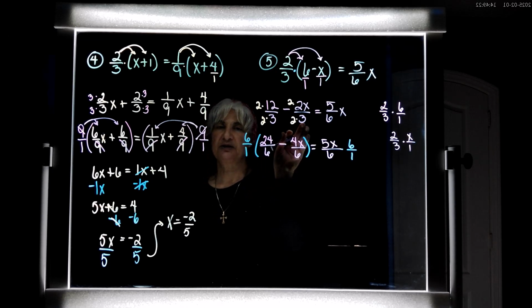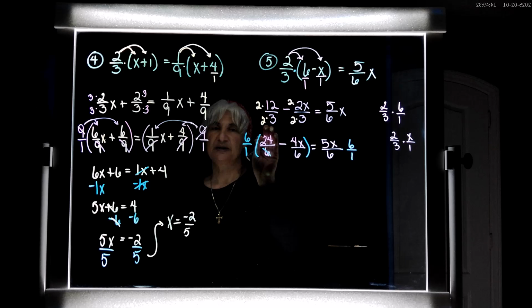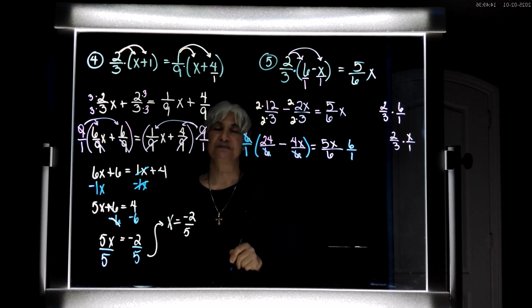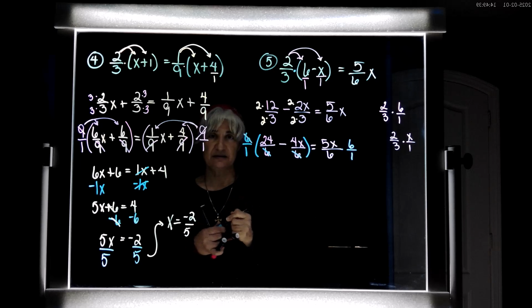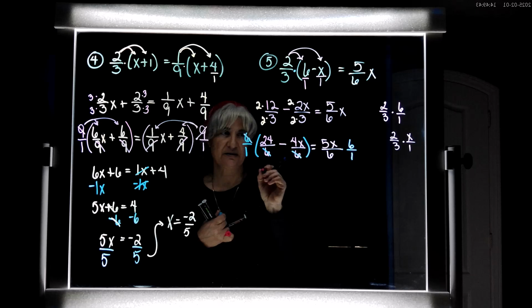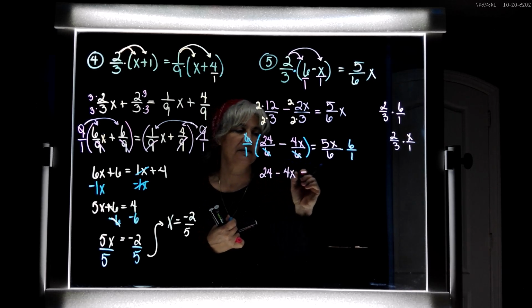Remember, each of these fractions is going to get multiplied by 6 over 1. So when you multiply 24 over 6 by 6 over 1, yeah, that 6 is going to cancel with that one. And if you multiply 4x over 6 by 6 over 1, yeah, that 6 is going to cancel. Does that make sense? Okay, what remains on the left? 24 minus 4x.